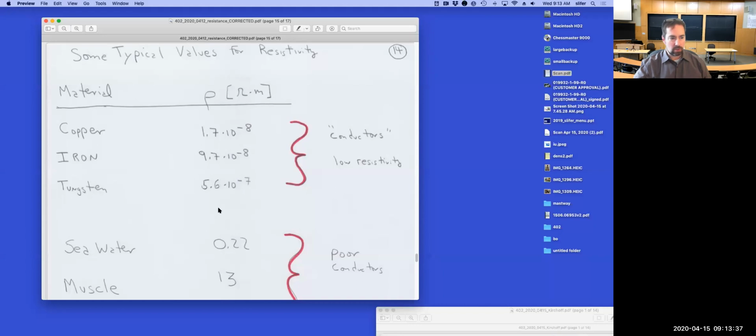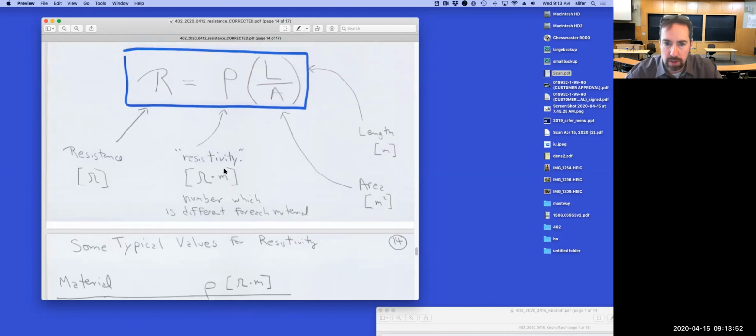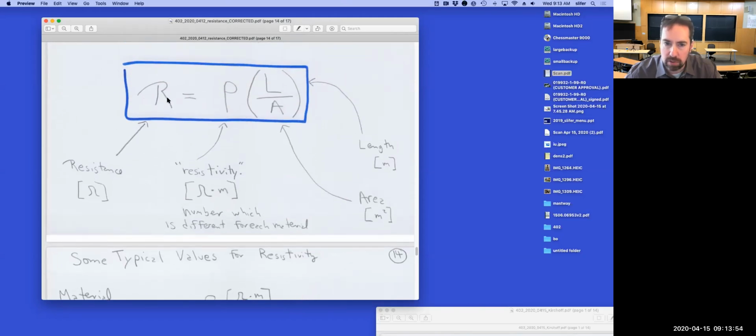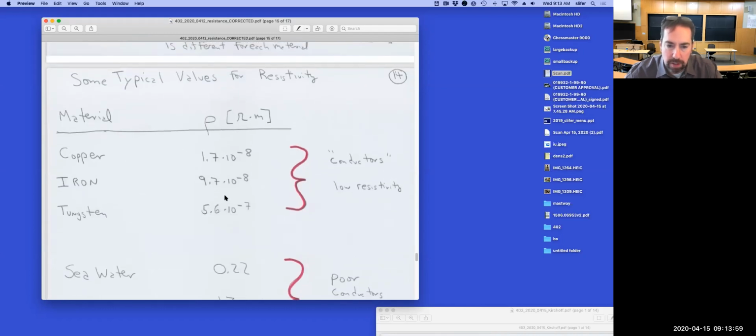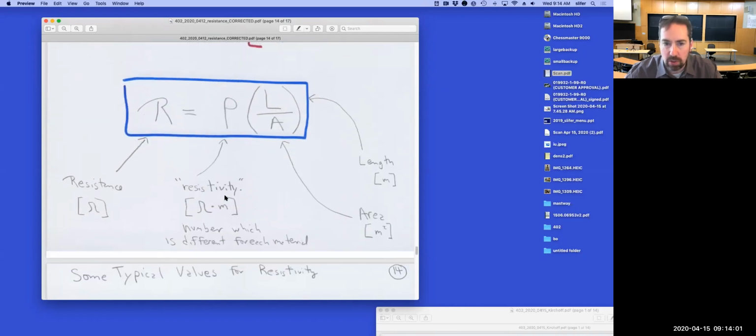What we saw was some materials have really low resistivity, this property of the material that allows for the free flow of charge through that material, so that this number is small. Then the resistance of the wire is going to be small. But the actual resistance is going to depend on the physical dimensions of that material once you've started to form it.